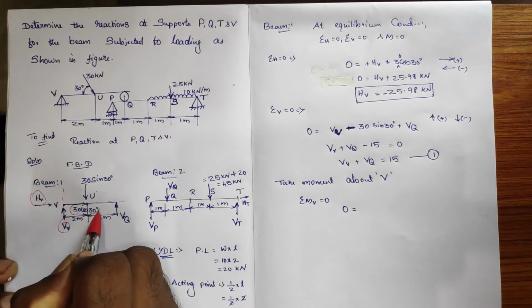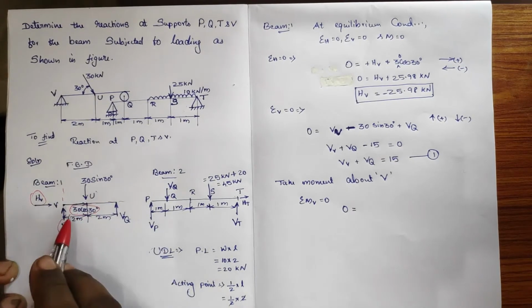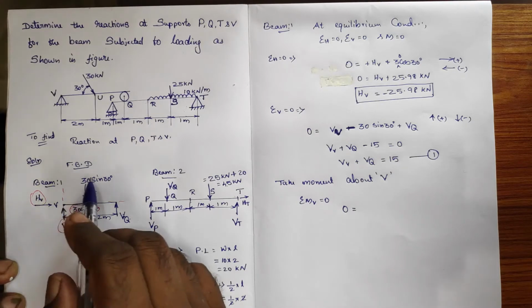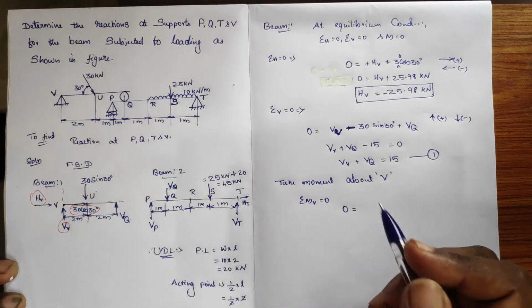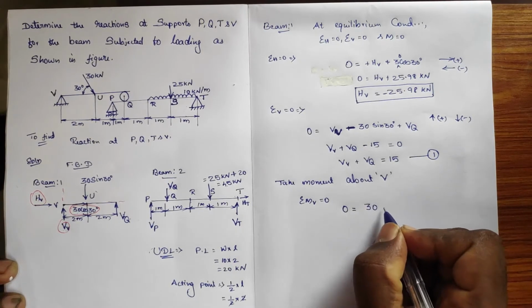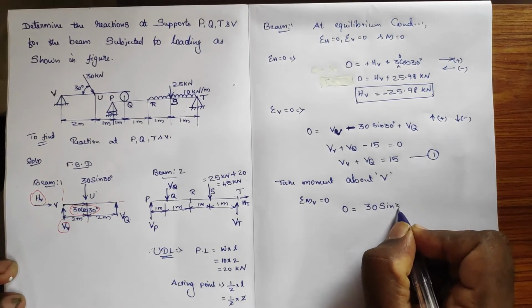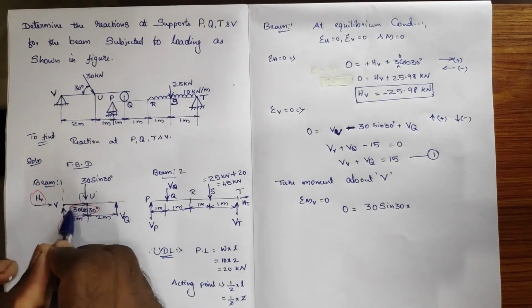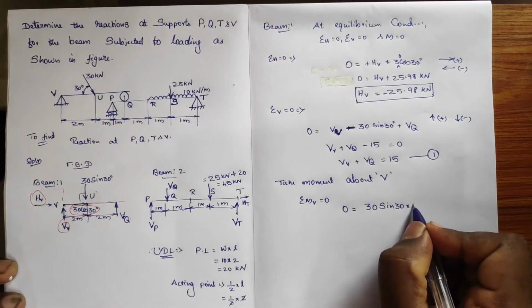So 30 cos 30 degree is also 0, because it doesn't have any perpendicular distance. Only 30 sine 30 degree and VQ will participate in the moment. So 30 sine 30 degree into its perpendicular distance. Its perpendicular distance about V is 2 meter.